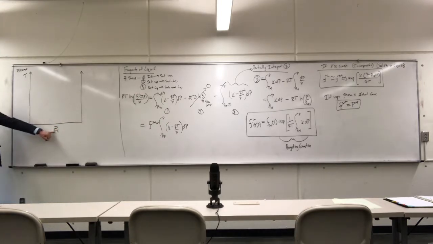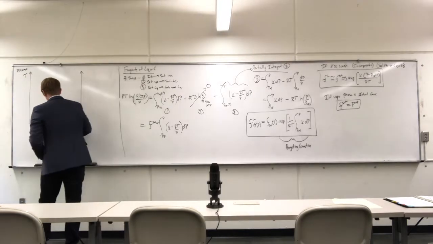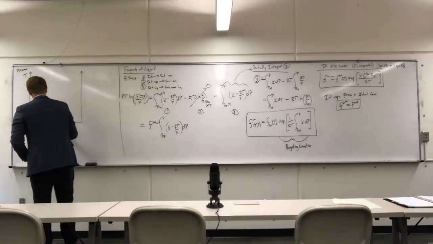I like to use the notation Z for total composition, because in the typical nomenclature Y corresponds to the vapor mole fraction, X corresponds to the liquid mole fraction, and Z is the total composition. Now in fact, let me put Z of A, the fluid A.